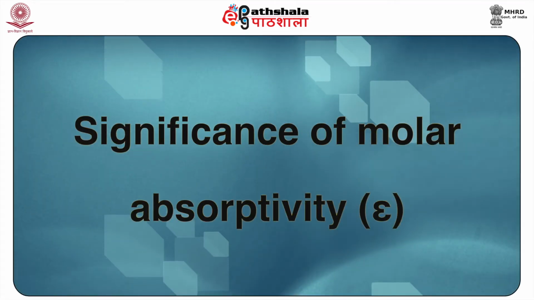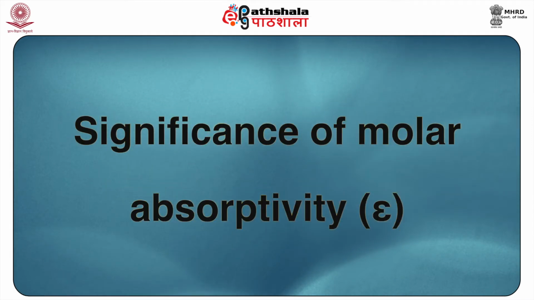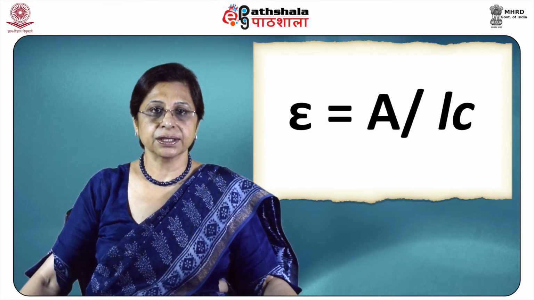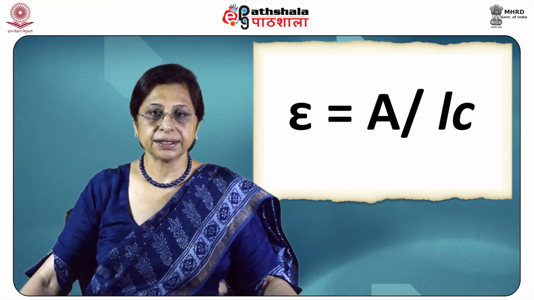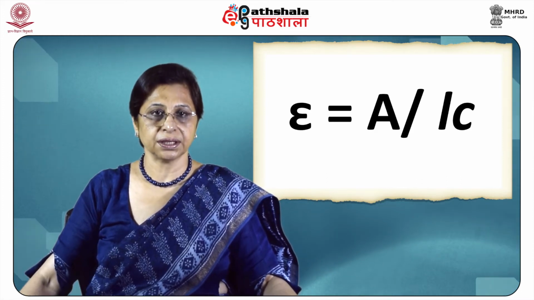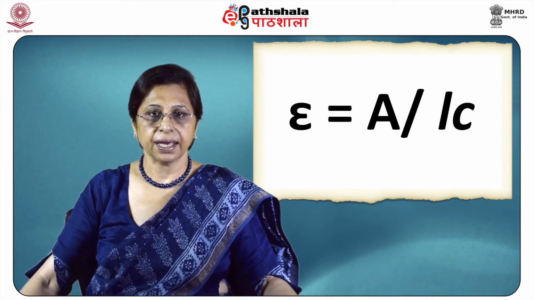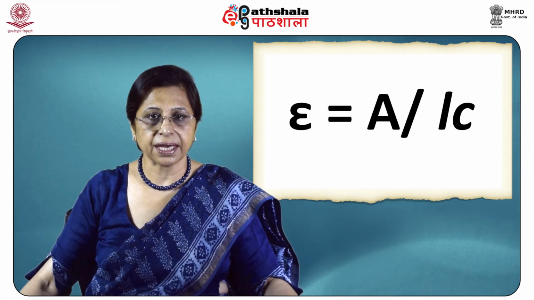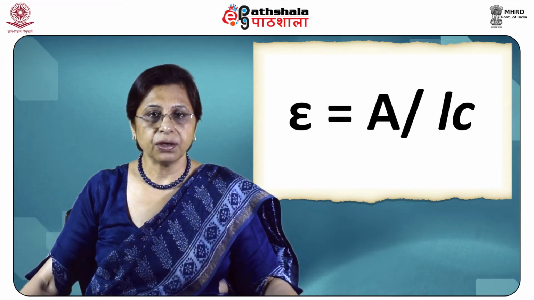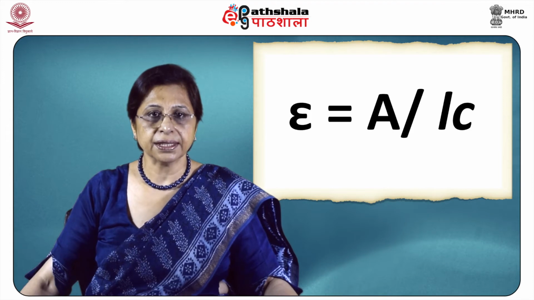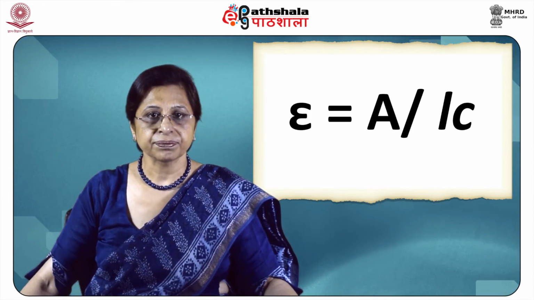Now, coming to the significance of the proportionality constant, that is epsilon. Molar absorptivity is a constant which relates the absorbance A with molar concentration C and path length L in a sample. It can be expressed as epsilon is equal to A divided by C into L. It is a measure of intensity of absorption.